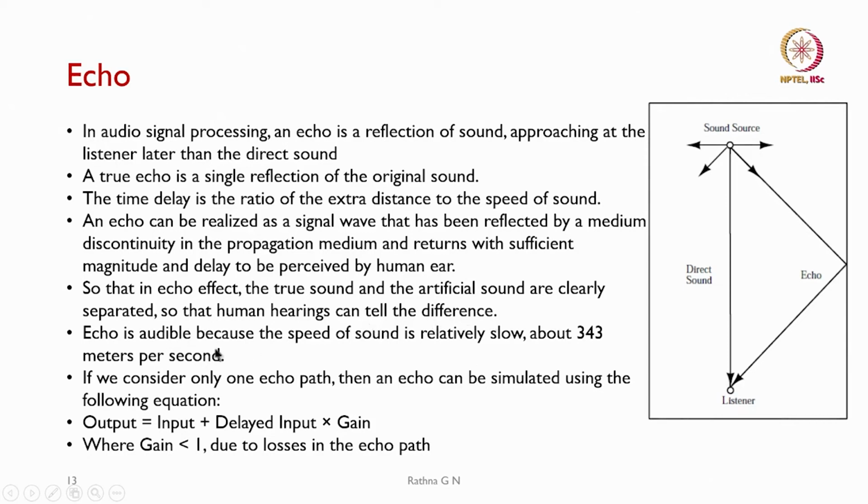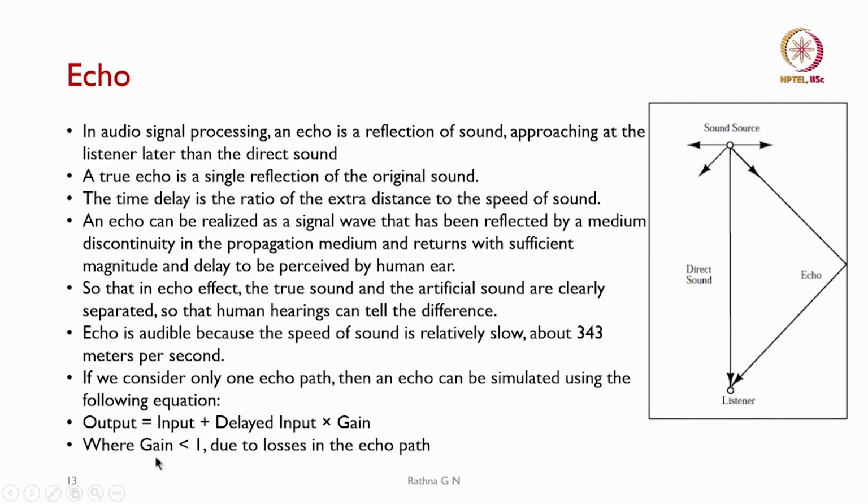So, echo is audible because the speed of sound is relatively slow, about 343 meters per second. And if we consider only one echo path, then an echo can be simulated using the following equation. That is, the output is the echoed output, which is going to have the input plus delayed input with gain, and that gives us the echo signal.